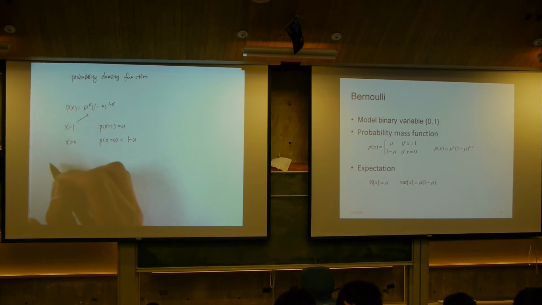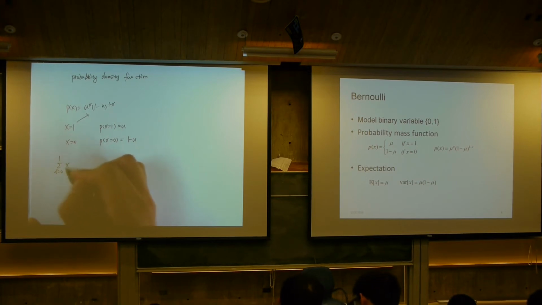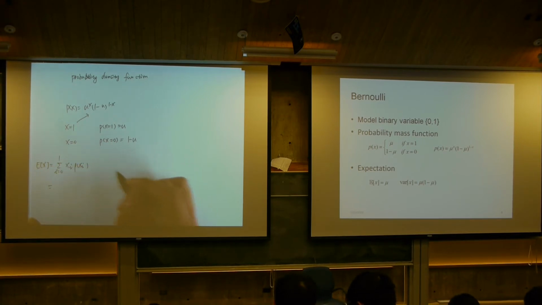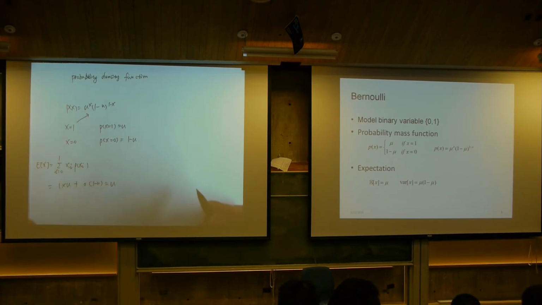Remember that the definition of expectation is the sum over all the possible outcomes, i equals 0 and 1, of x_i p(x_i). This is the definition of expectation. So we plug it in, and it would be 1 times mu, which equals mu.